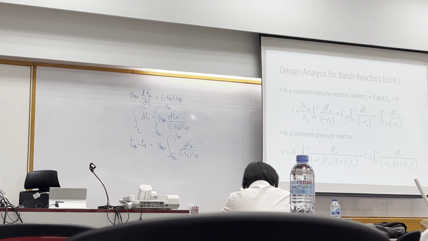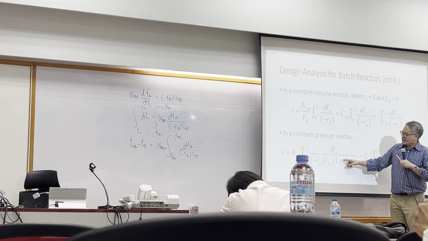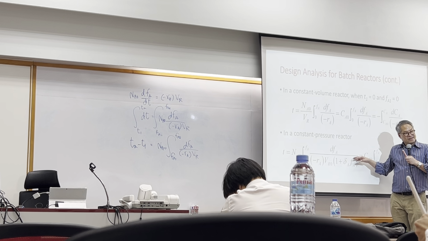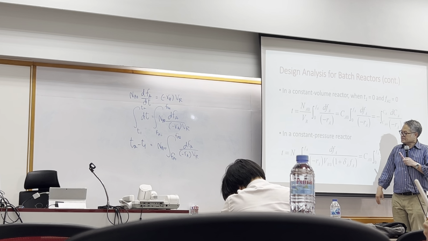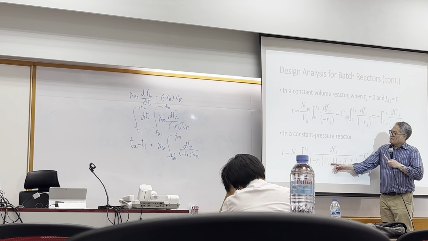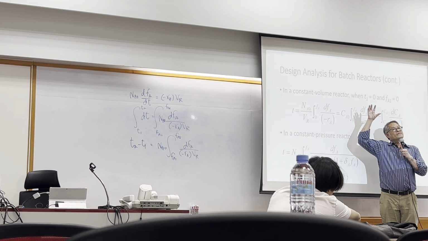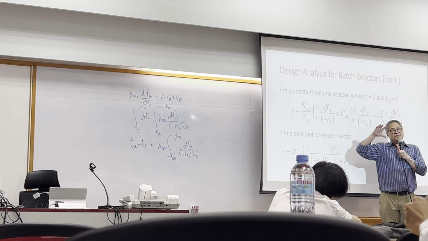So you have the volume of the system that changes with time because the conversion changes with time, right? So you put in V0 times 1 plus delta A Fa right here. Okay? Then VR0 is the initial volume of the system.